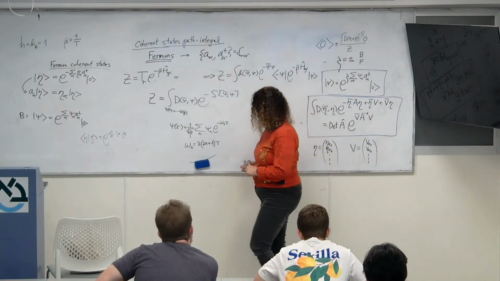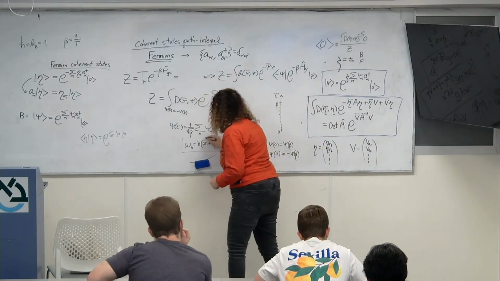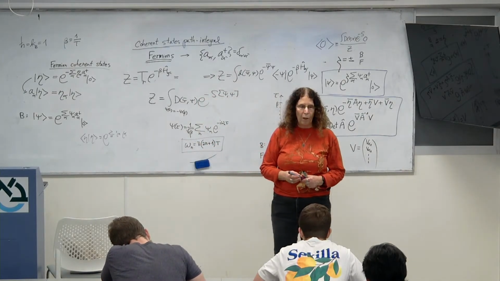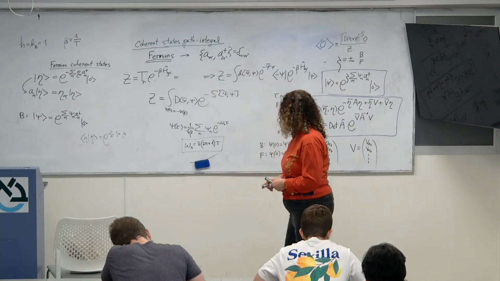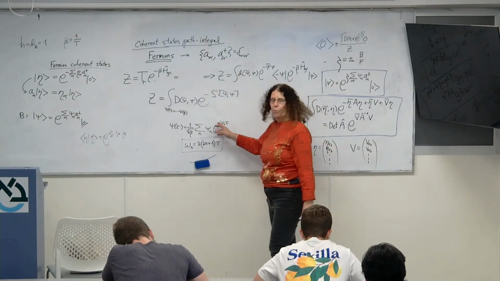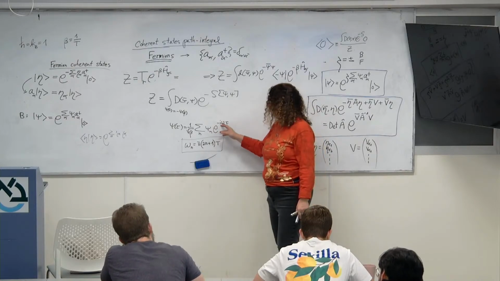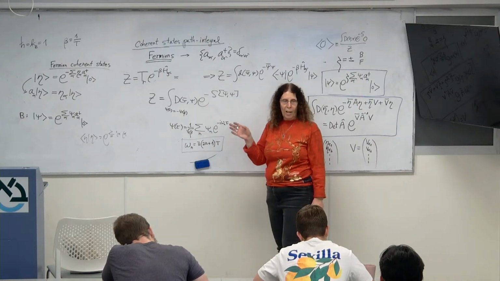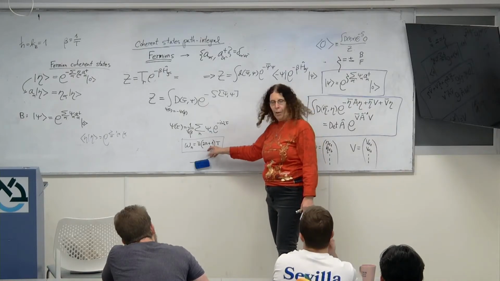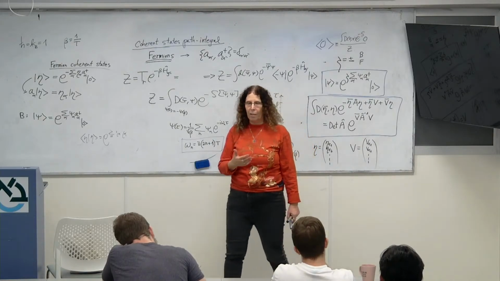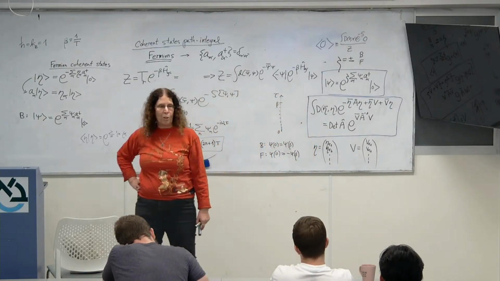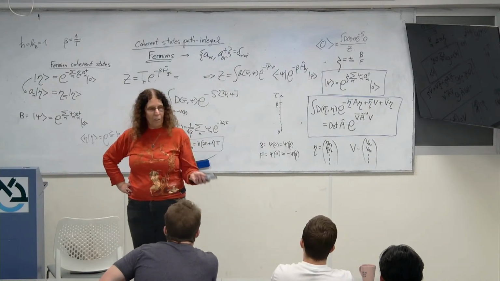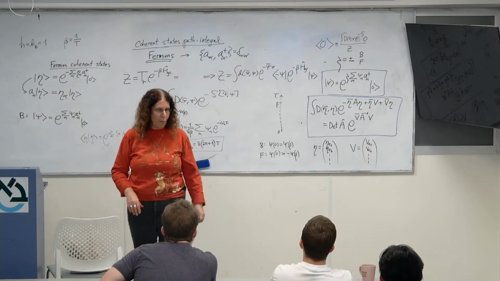Okay, and that's the only difference, but it does change the analytic structure of the function, because in the end, when you're going to get these factors of i omega n in the denominator and all that stuff, it will look exactly like in the bosons, but this fact will change the analytic structure of the functions in the complex plane, and will give you, of course, instead of a Bose-Einstein factor, a Fermi-Dirac.